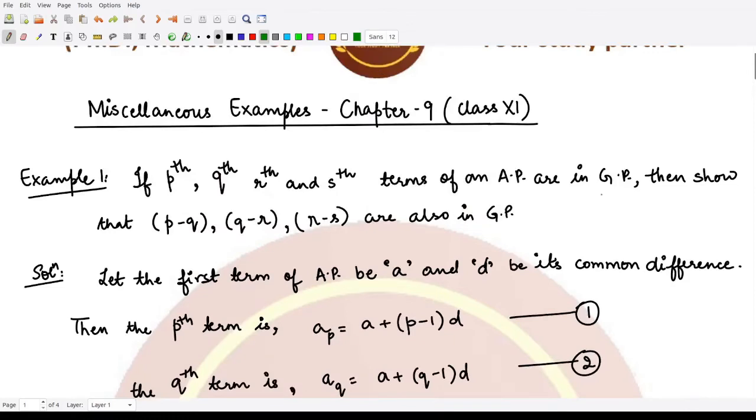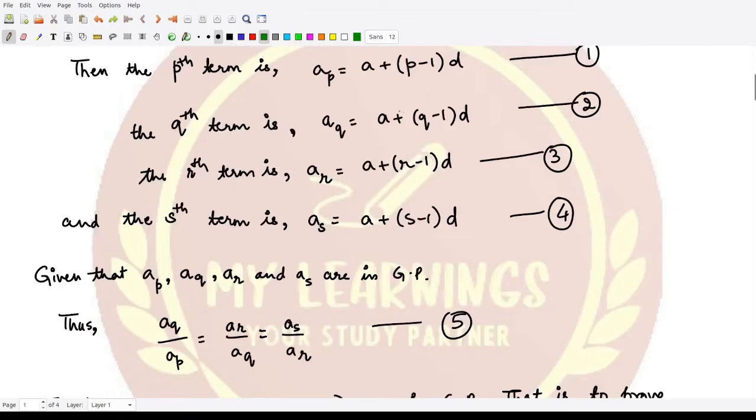Moreover, we are given that all these four terms form a GP, so their ratio is common. That means aq divided by ap is equal to ar divided by aq, which is further equal to as divided by ar. Let's mark this as equation 5.